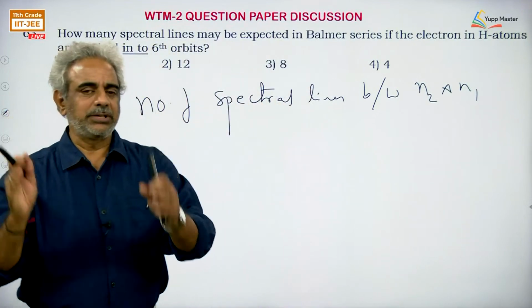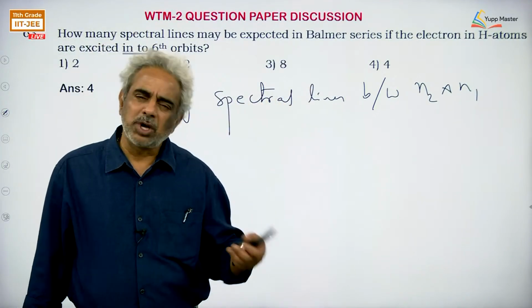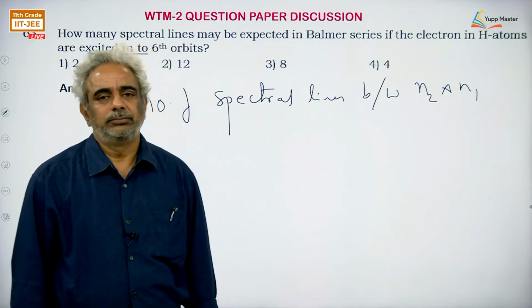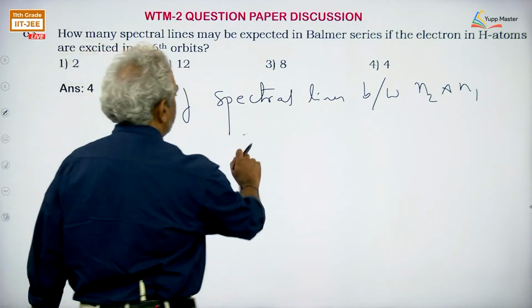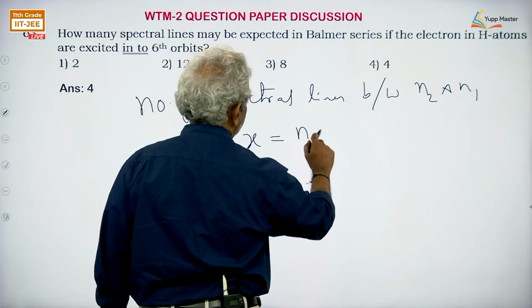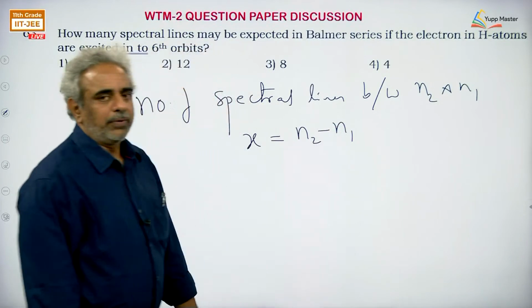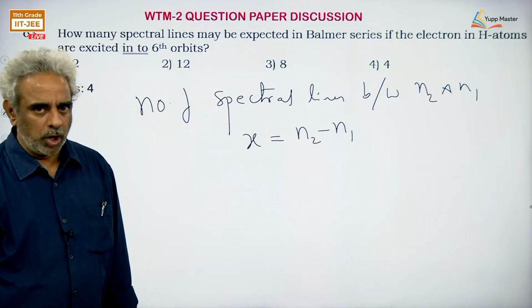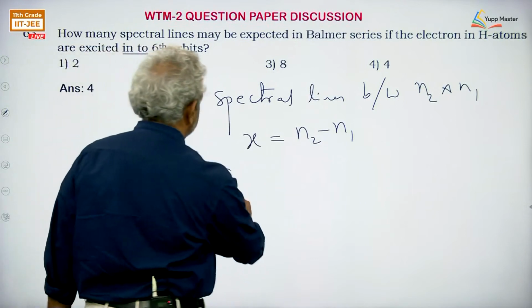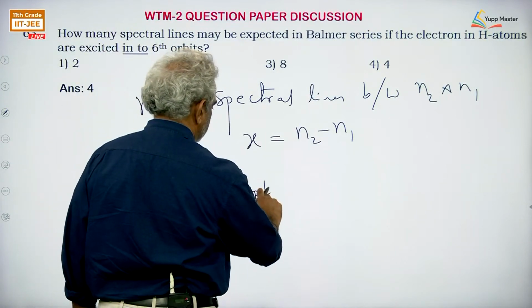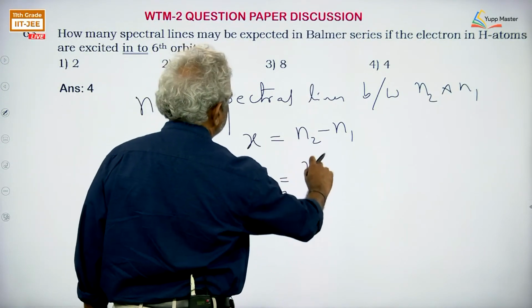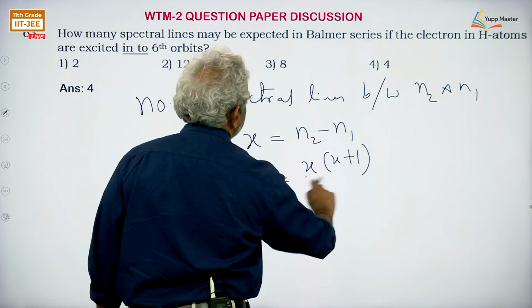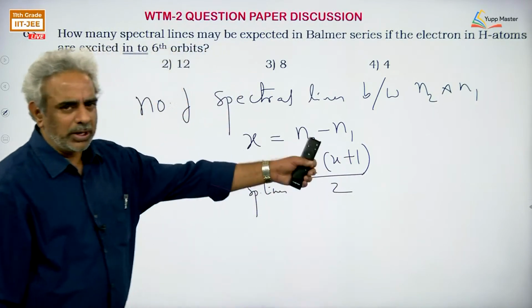Between two limits N2 and N1, how many spectral lines altogether may be possible? First you go for an X which is N2 minus N1. Take the difference between the principal quantum numbers involved, and the number of spectral lines, all spectral lines, is equal to X into X plus 1 by 2. This you can work out statistically, very simple.